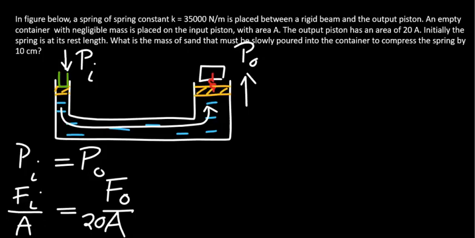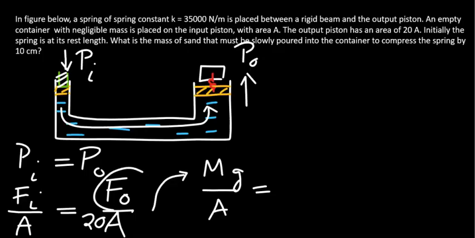Now we need to figure out the explicit form for Fi and Fo. Fi refers to the weight of that sand that fills up the container, which is resting on top of the input piston, and that is just mass times gravitational acceleration, over A, equals.